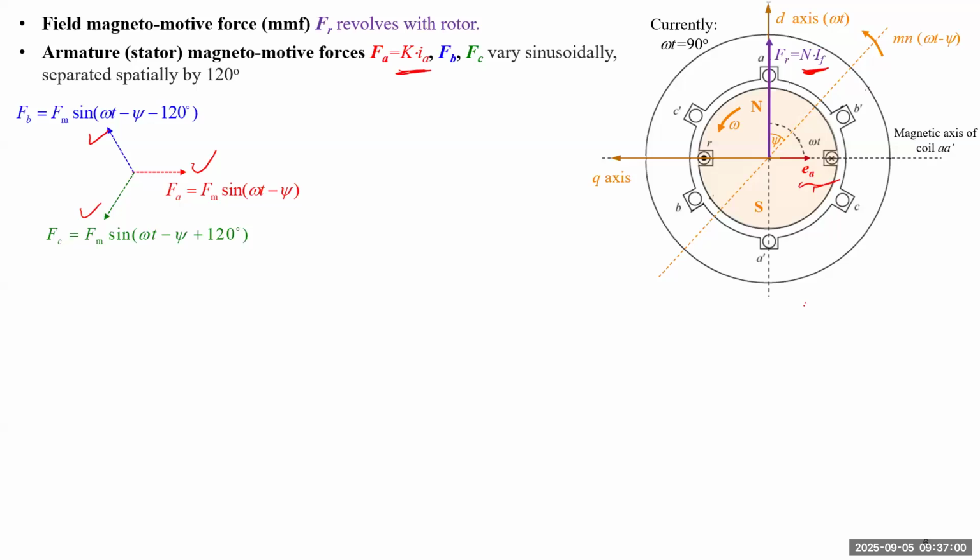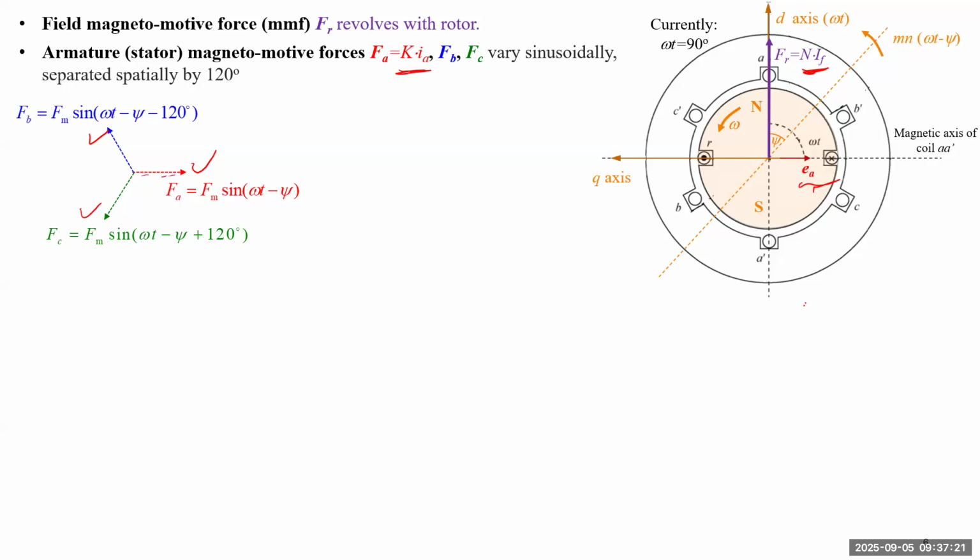So those 3 arrows only indicate the direction in their physical position for the magnetic forces due to the armature stator winding, but they don't tell the length. We still need to determine the length of the phasor.